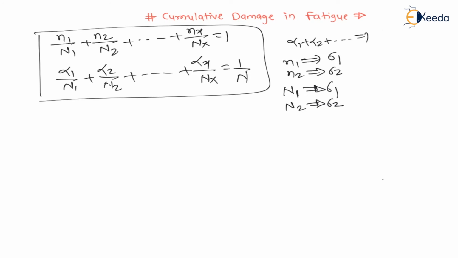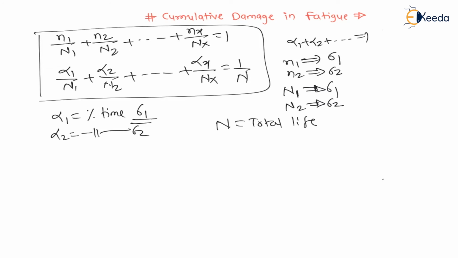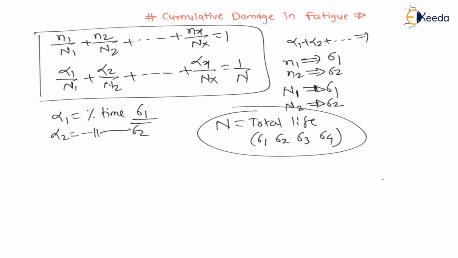Now alpha 1 is the percentage of time for which sigma 1 is acting. Alpha 2 is the percentage of time for which sigma 2 is acting, right? Now capital N is the total life of the component when subjected to sigma 1 as well as sigma 2, sigma 3, sigma 4. That is, whenever it is subjected to cumulative damage, what is the total life of the component, right?